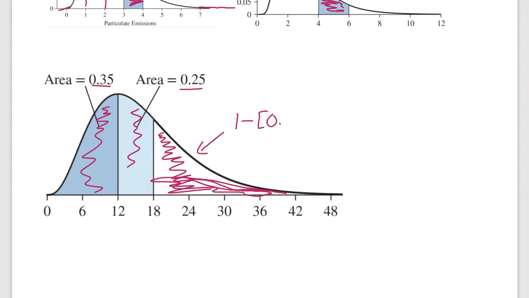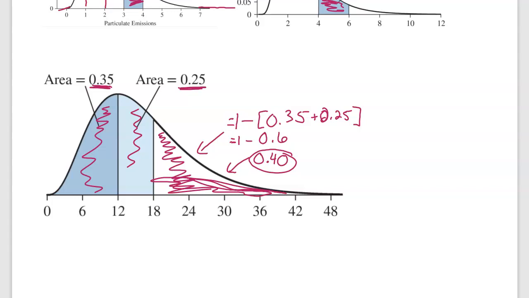So we're going to take these other two and add those up, and when we do that, we're going to get 1 minus 0.6, and so this area in here is going to be 0.40. And if you take this area and this area and this area and add them together, that will all equal 1.